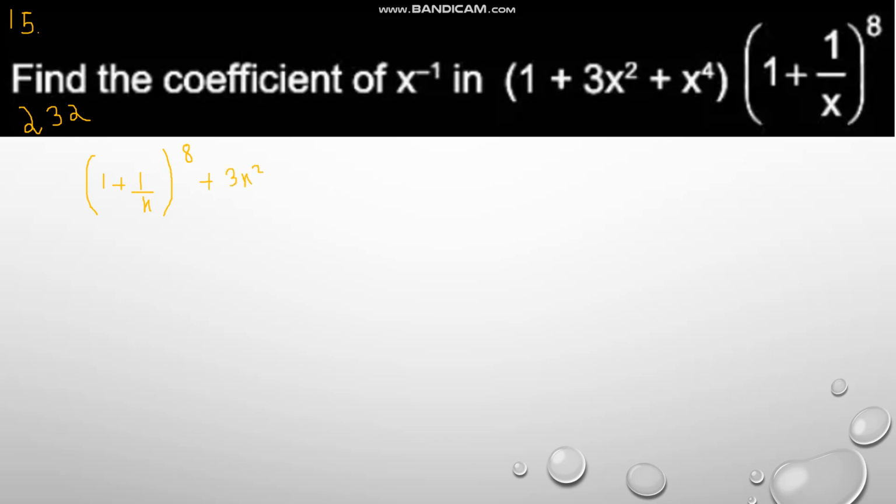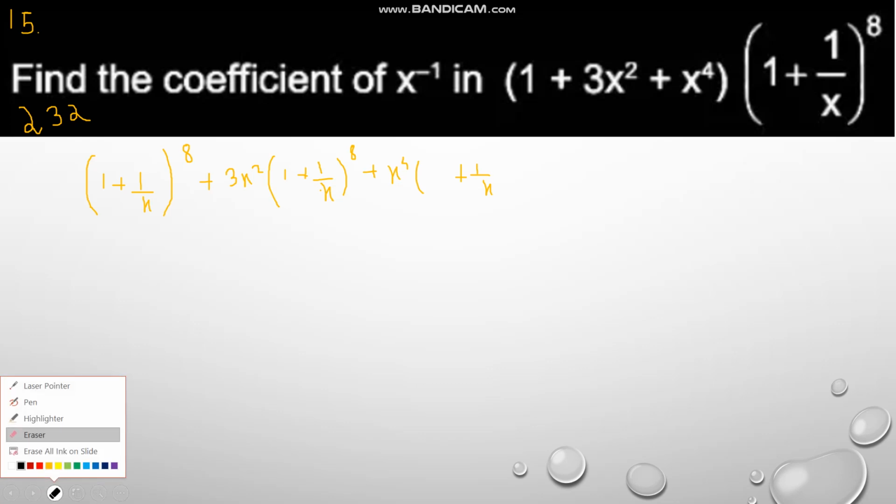We need to find the coefficient, so x term will not be of any use here, but the powers of x will be of much use. 1 plus x whole to the power 8, and then we have x to the power 4 multiplied by x plus 1 by x whole to the power 8. Not x plus 1 by x, it will be 1 plus 1 by x. Okay, I am rubbing. It may take time. Okay, I have rubbed it. There will be 1 plus 1 by x whole to the power 8.